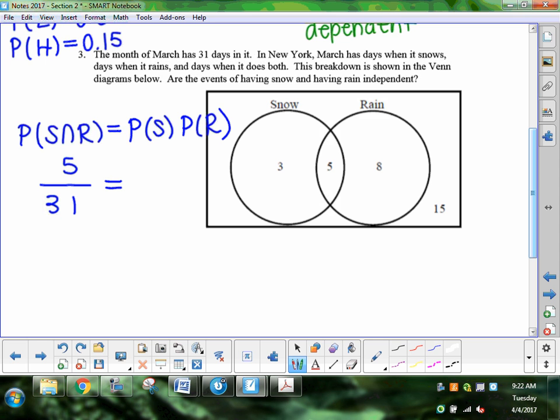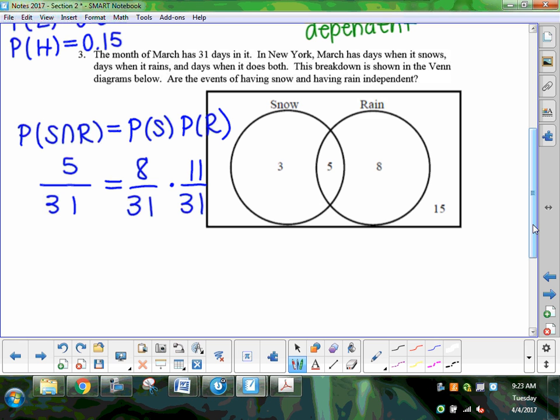Next one up. Royce, what's the probability of snow? No. Probability of snow. What is it? What's the probability of rain? Hands up, please, when you can answer that. Multiply them together. Are they equal to each other? What did he give us? 11? You're going to get yelled at right now. It's not me. I'm not taking any ownership of it. I delegated.